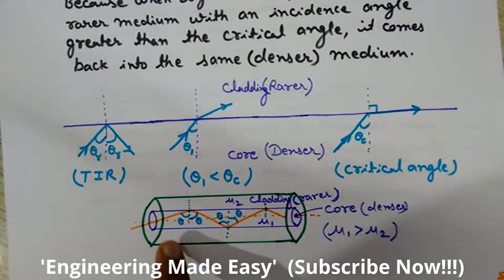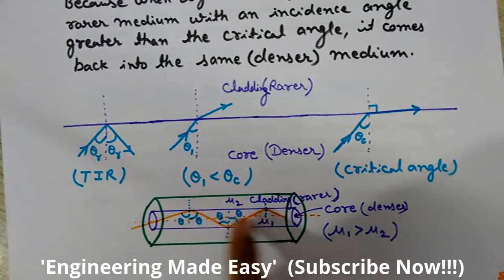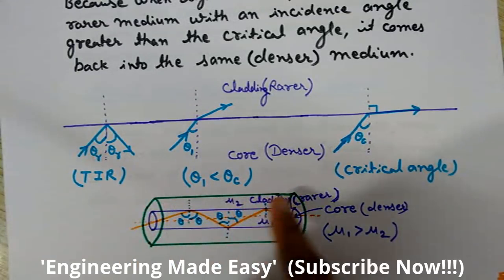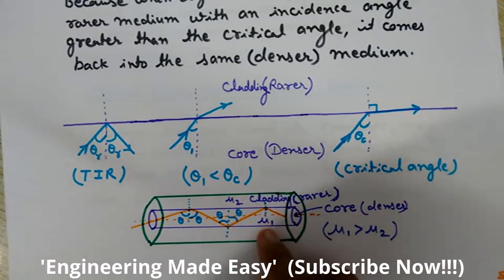In this, as I told you, there is a core inside. This in blue is the core, and this green colored layer is the cladding. I will discuss what is happening here, but just to tell you the structure: there is a core, and over this I have cladding, and these have different refractive indexes.